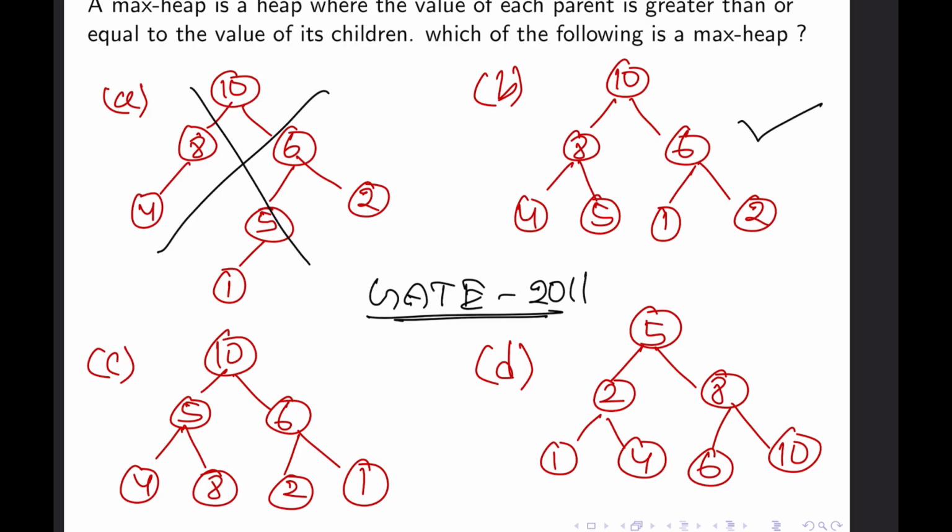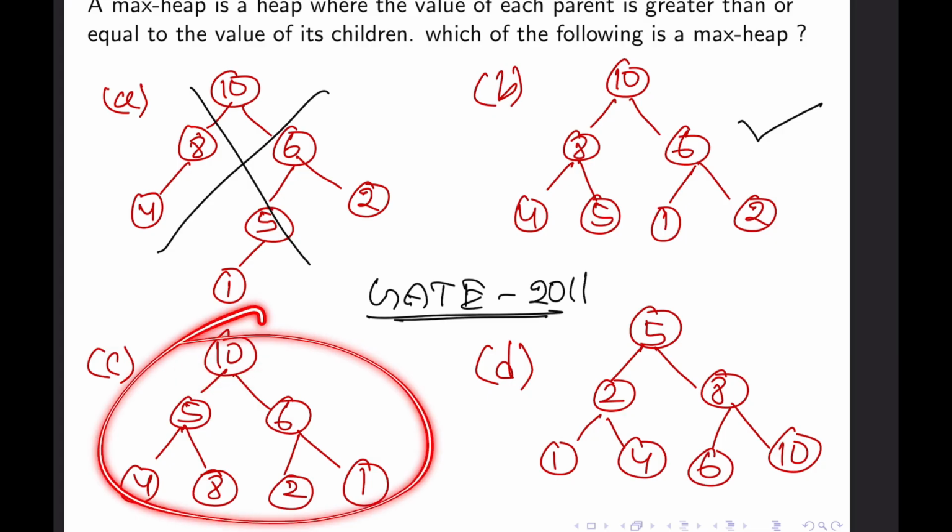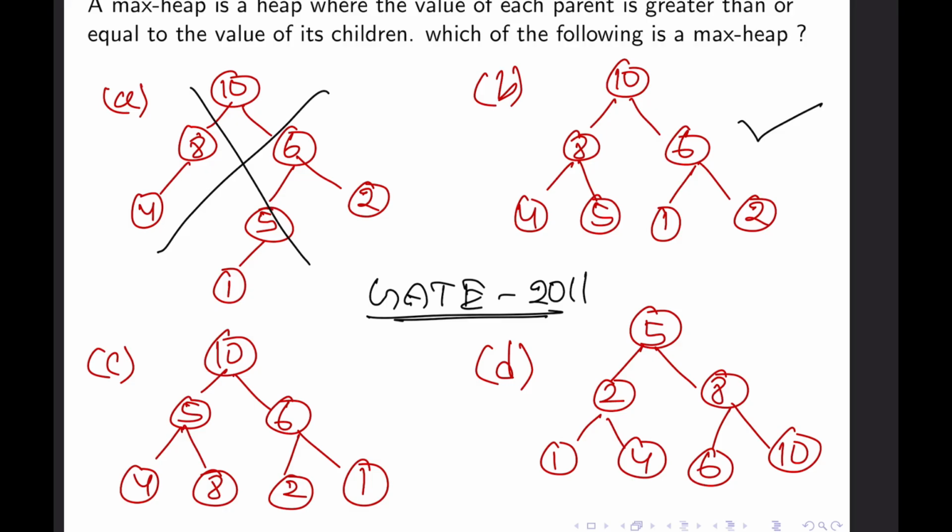Now we will check option C. Here, for the root the value is 10. First we will check whether it is a complete binary tree or not. Here you can see all the labels are completely filled, so you can say property 1 is satisfied.